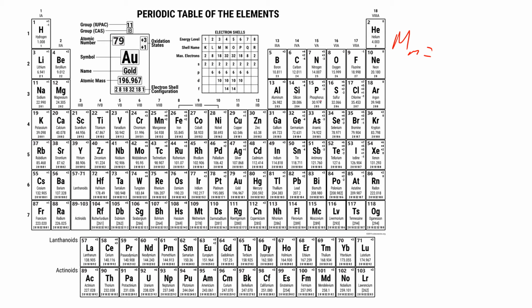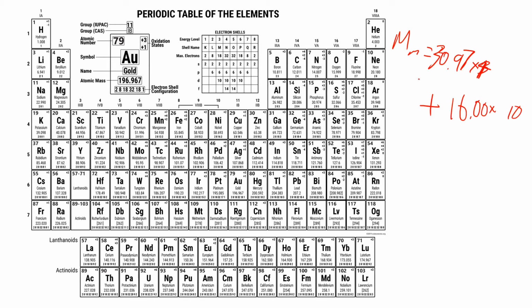This is phosphorus, but since it's tetra, we have 4. 30.97, but we have 4 of them, so we multiply that by 4. Since it's deca, that's 10, so we have 16.00 times 10 of these, okay? So it's 30.97 times 4 plus 16 times 10.